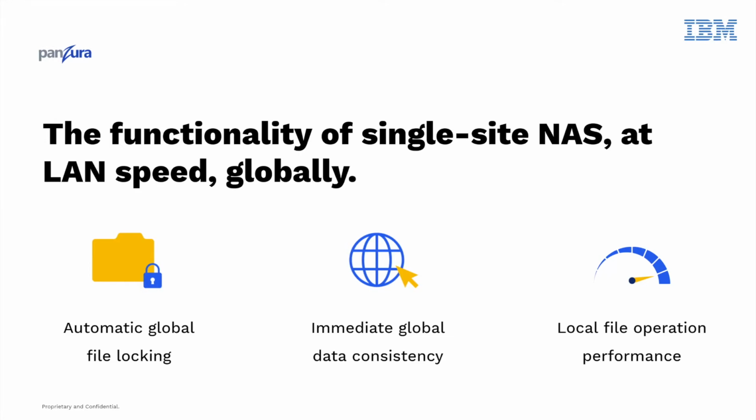But how the metadata flows, the data about the files, is more of a mesh that's networked between all the Panzura filers so that they exchange all that lock information in real time between one another. That's what enables that immediate global data consistency. And then the local caching is what enables local feel of performance.